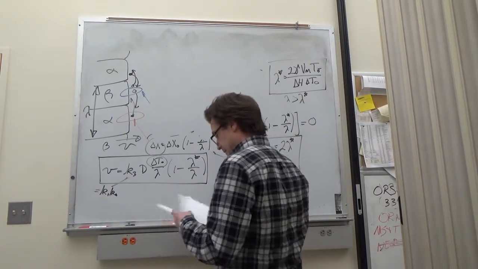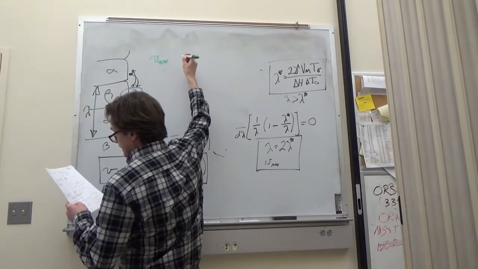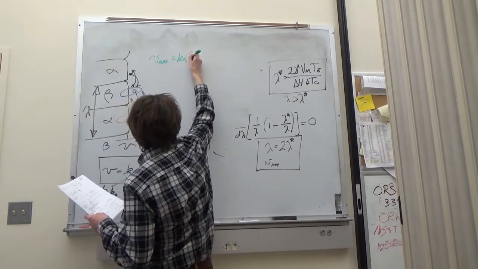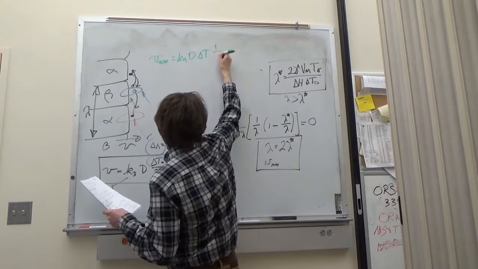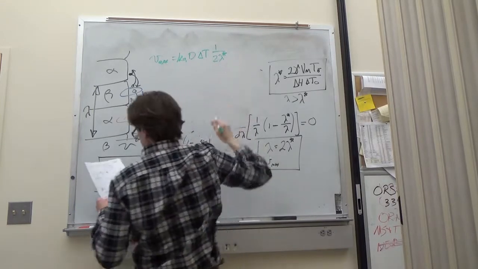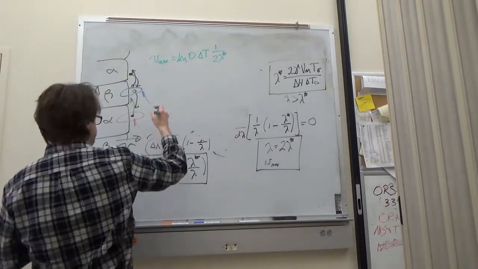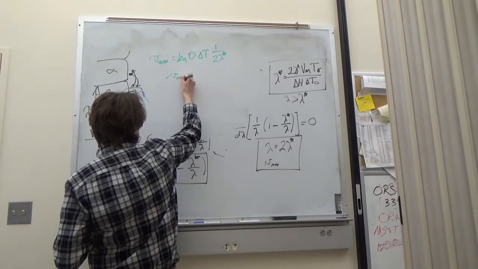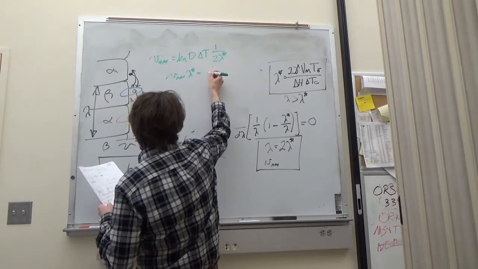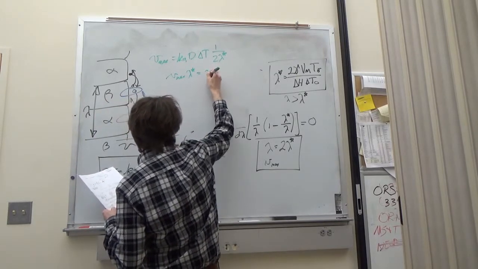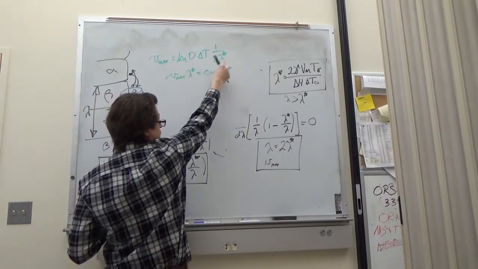The maximum velocity is equal to k3 D delta T times 1 over 2 lambda star, which can be arranged to give us that V max lambda star is equal to some constant, k3 D delta T over 2.